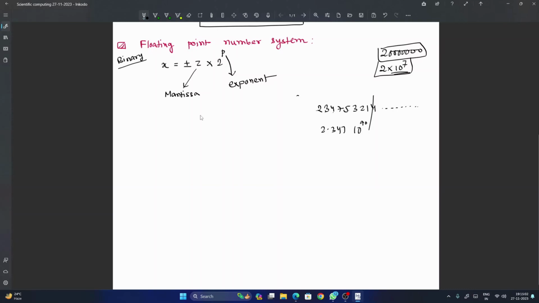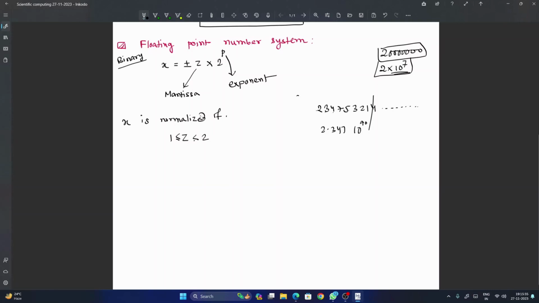Obviously in the binary format you will get something like 1 1 1 0 in the mantissa, and basically we use the normalized mantissa here. A number x is normalized if this z value is between 1 and 2, that means 1 point something, greater than or equal to 1 and less than 2.